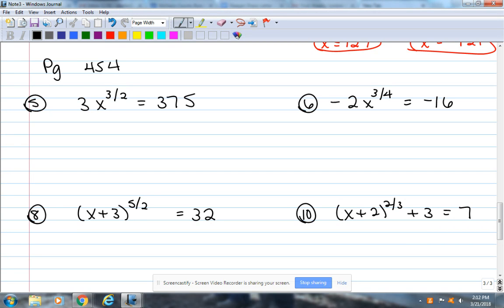No, we've already taken the radical. 5 squared.